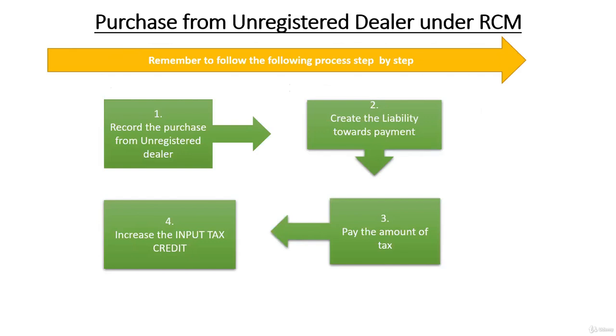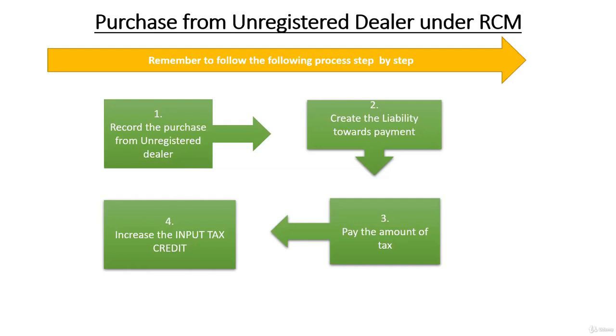What steps do we have to follow to make the entries in Tally? Firstly, you have to record your purchase from the unregistered dealer, like we did in the earlier lectures. Second, you have to create the liability towards your payment. Third, you have to pay the amount of tax, and last, you have to increase the input tax credit.